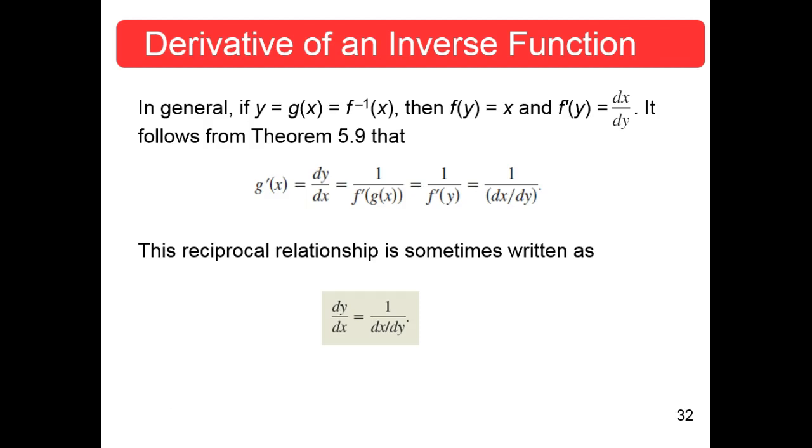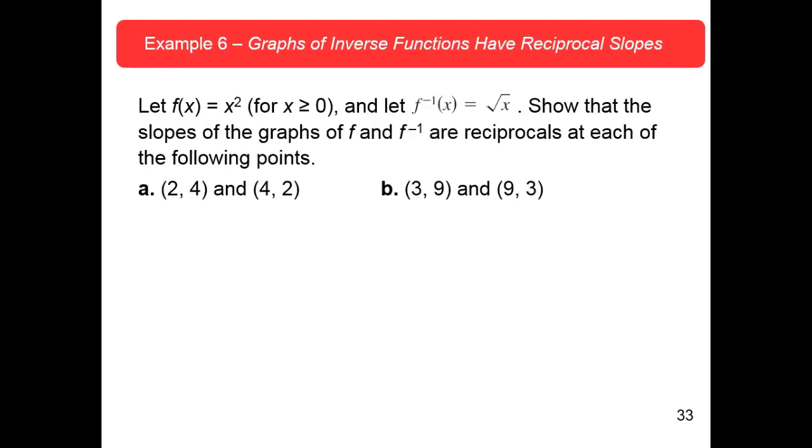That's 1 over f prime of g of x. It's 1 over f prime of y. That's 1 over dx dy. So bottom line is, if this is the derivative of your f function, then 1 over that is the derivative of your inverse of f, like we showed earlier.